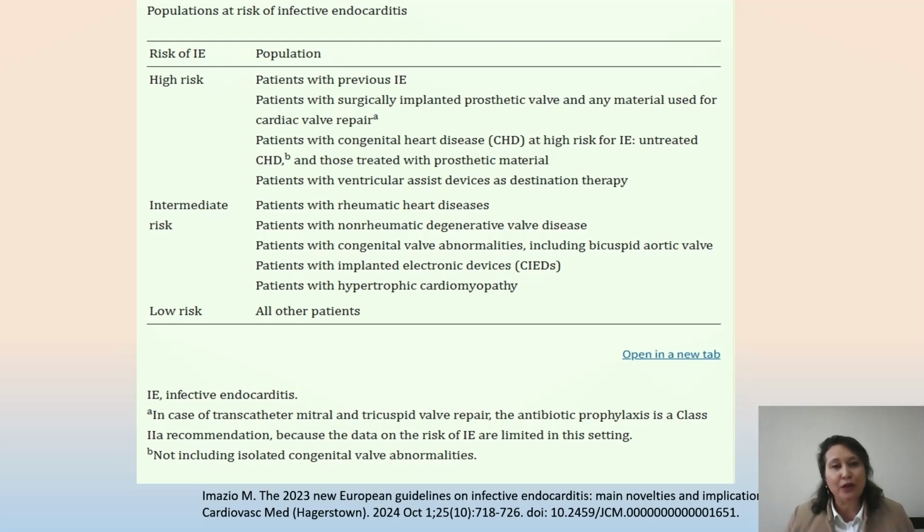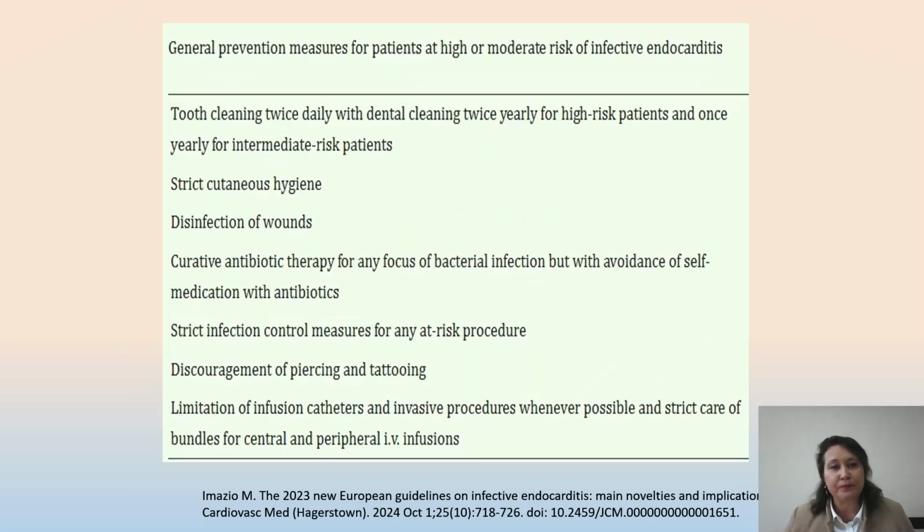Patients with rheumatic heart diseases, patients with non-rheumatic degenerative valve disease, patients with congenital valve abnormalities including bicuspid aortic valve, patients with implanted electronic devices, and patients with hypertrophic cardiomyopathy. All these patients need general measures for prophylaxis of infective endocarditis. And low-risk patients are all other groups of patients.